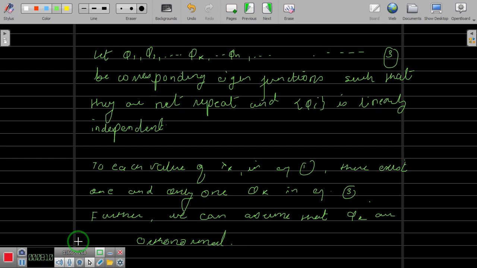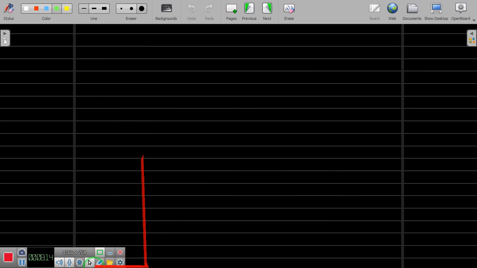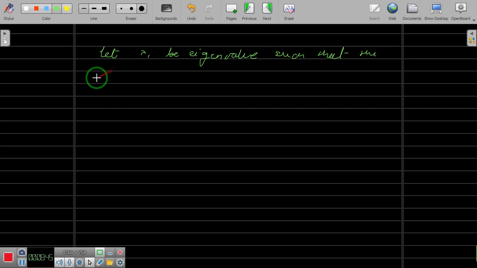Now let lambda 1, which we have already assumed, be the eigenvalue such that the corresponding eigenfunction is phi 1.